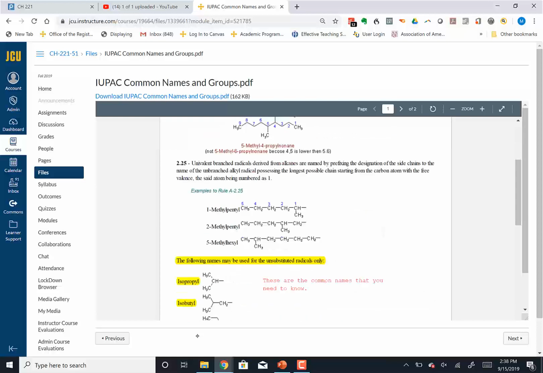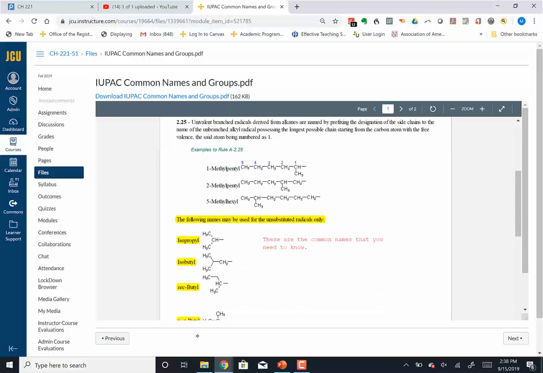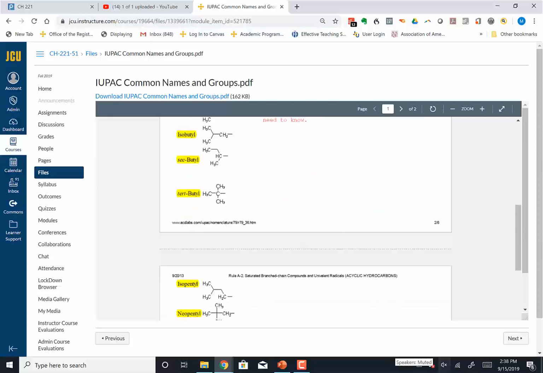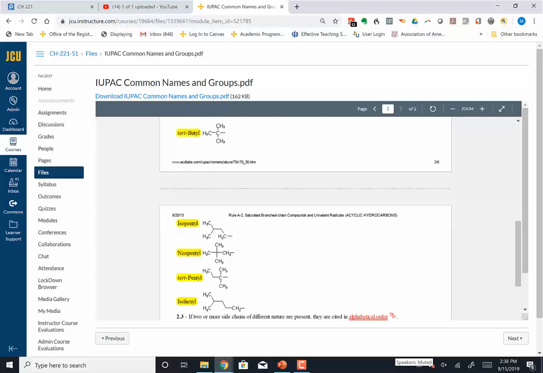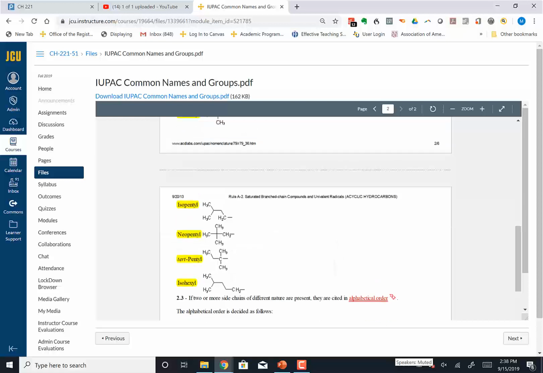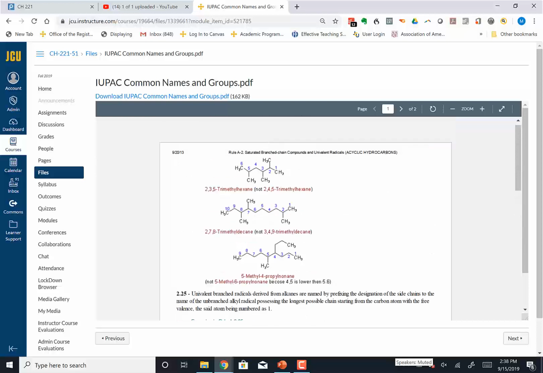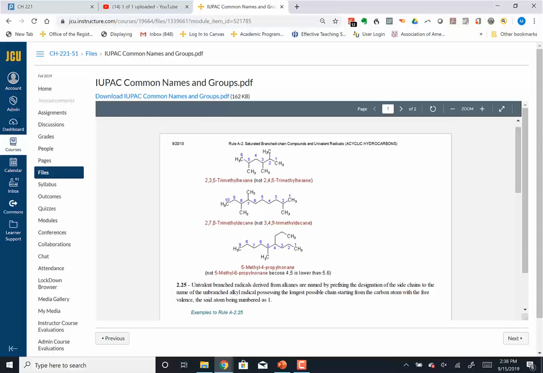And so here in yellow I've placed, it says the following names may be used for unsubstituted radicals. That's their terminology for alkyl groups. And so the ones you need to know are obviously methyl and ethyl, isopropyl, isobutyl, sec-butyl, tert-butyl, isopentyl and neopentyl, tert-pentyl, and then of course you need to know the methyl, ethyl, propyl, butyl. The straight chain carbons are always just called whatever the total number of carbons are.